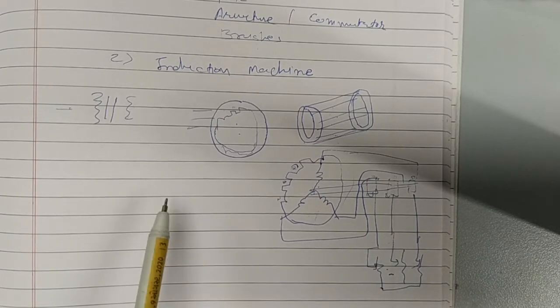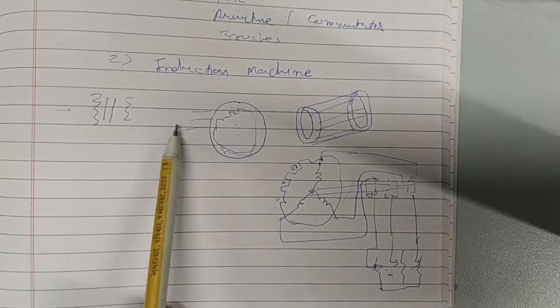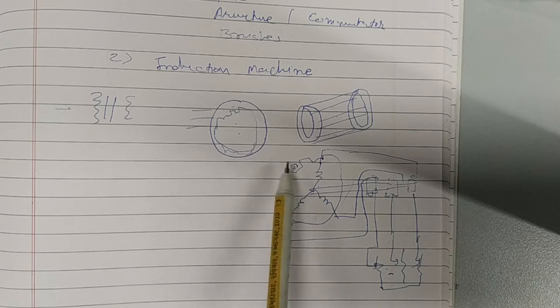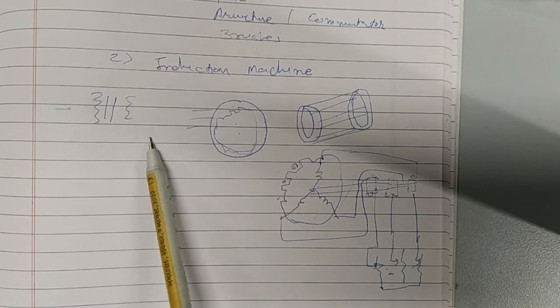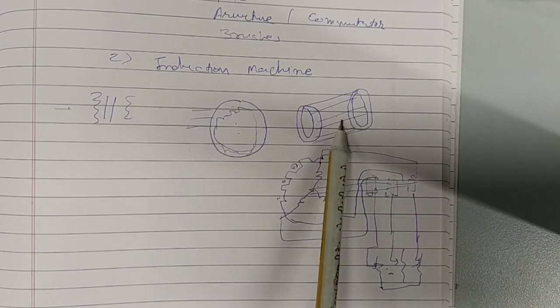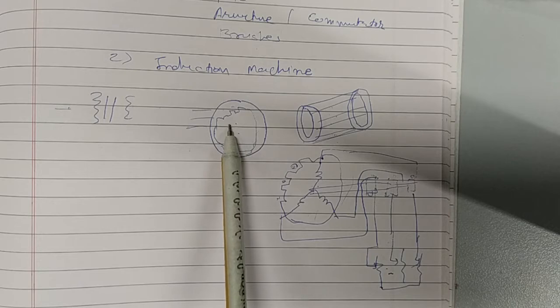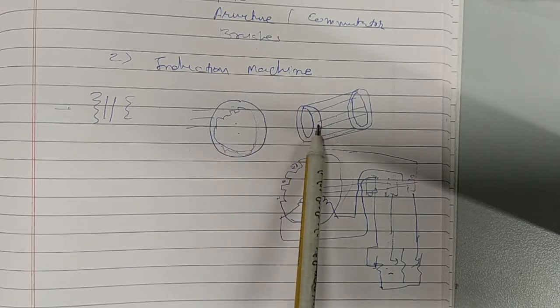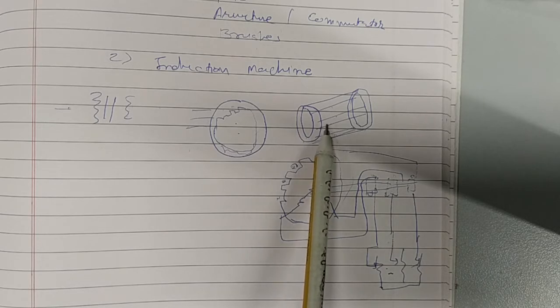The operation of an induction machine is also easy to understand. When three-phase supply is given to the stator winding, a rotating magnetic field will be produced in the stator. Now imagine that this squirrel cage type of rotor is mounted over here, but initially it is in a steady condition, not rotating.